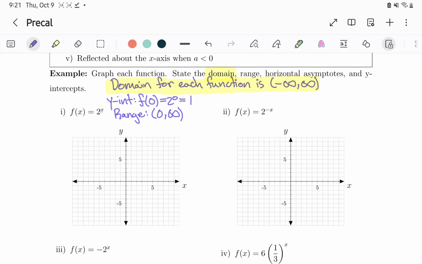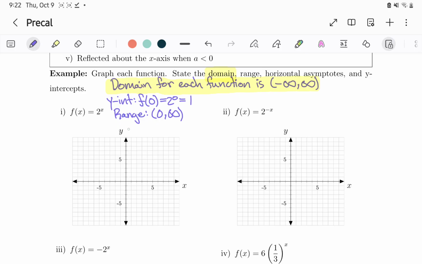Of course, we can imagine, 2 to the minus 1 is 1/2, 2 to the minus 2 is 1/4, 2 to the minus 3 is 1/8. So we're getting numbers that are closer and closer to 0 with smaller and smaller input values. And as x gets very, very large, 2 to the x is just going to blow up to infinity. So that's how we get the range of 0 to infinity.